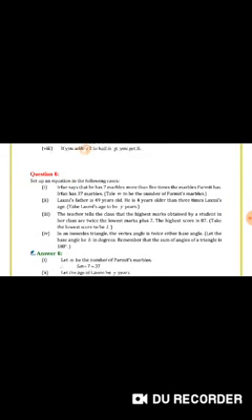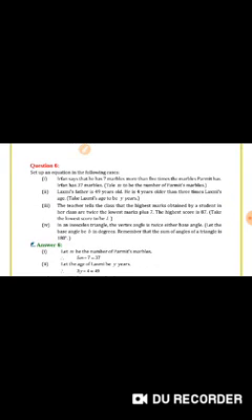And this is the last question. Set up an equation in the following cases. This is very important, because if you go to higher classes, like quadratic equations, linear equations, polynomials, most probably linear equations and quadratic equations come.